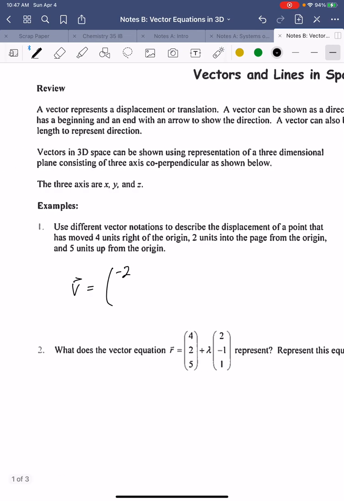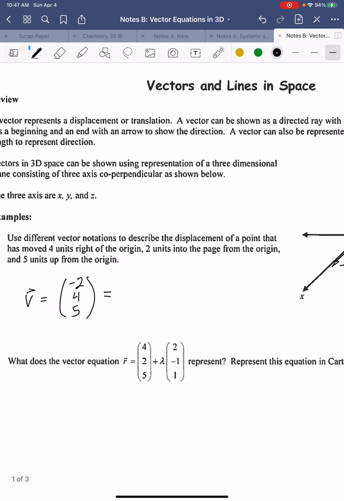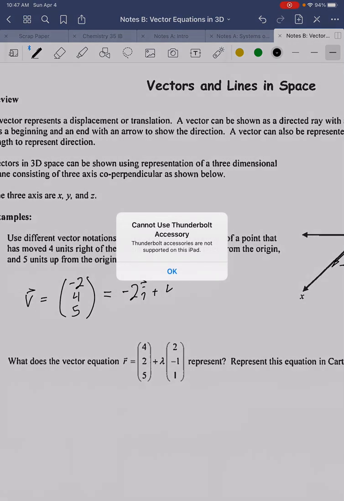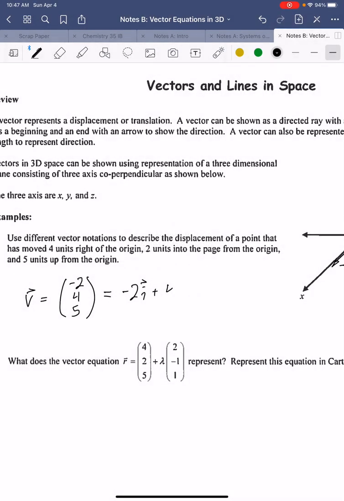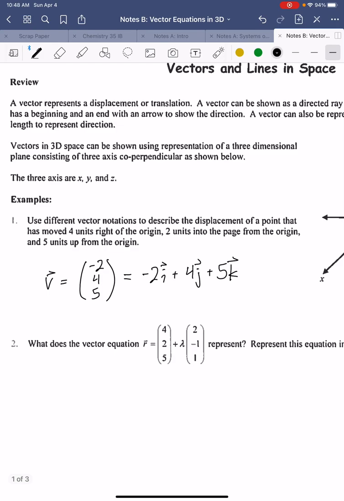So negative 2, 4 units right, so that's 4, and then 5 units up, so that's 5. And another way to show this is using our algebraic vector, so negative 2i plus 4j, plus 5k. That's 2 ways to describe the vector.